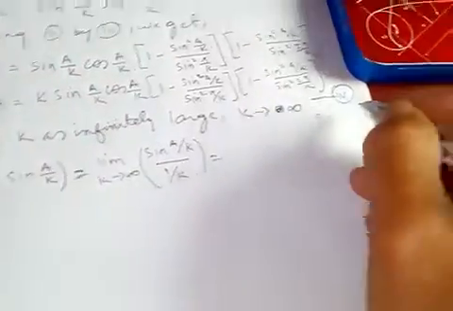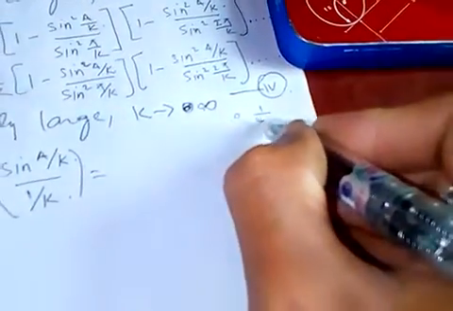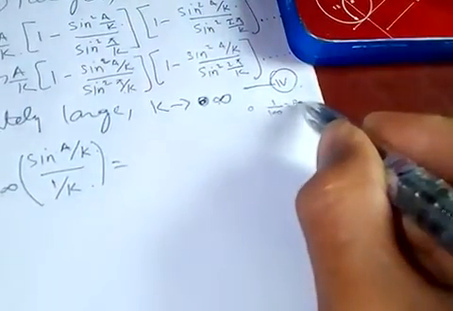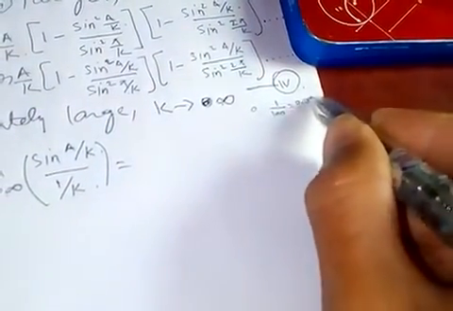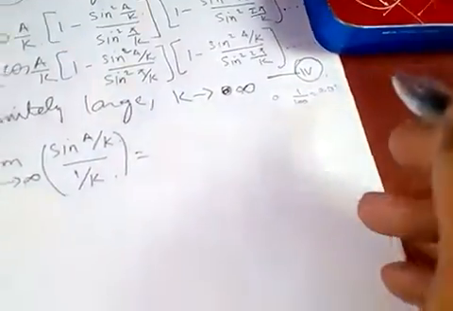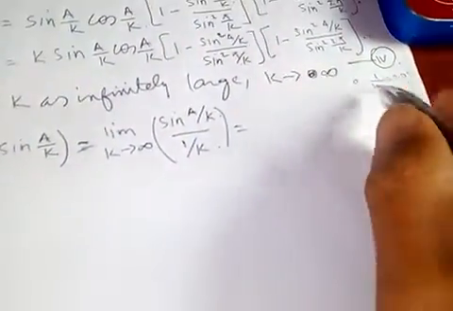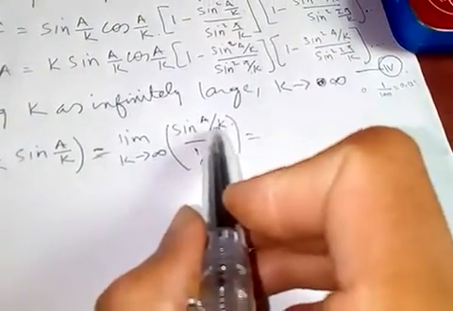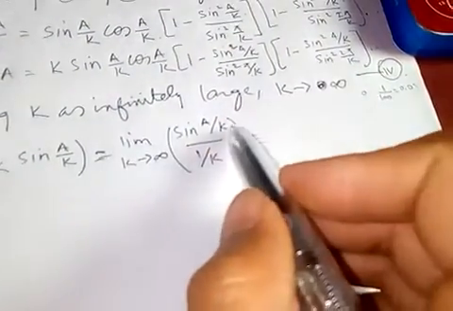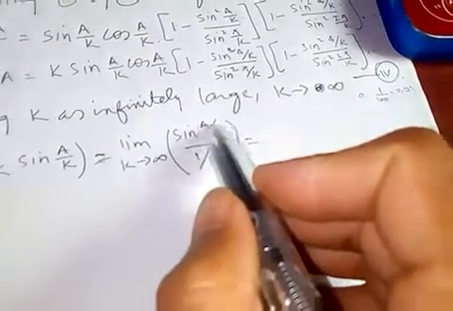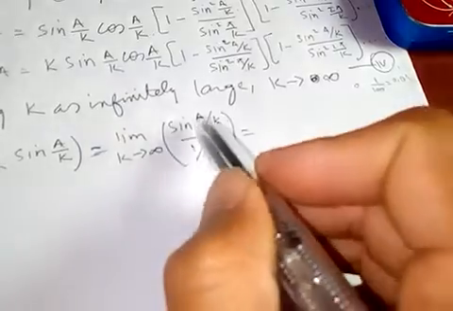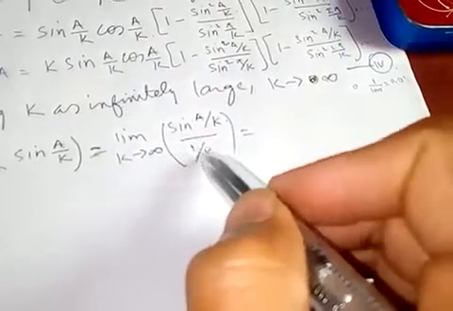For example, 1 divided by 100 is 0.01, something like that. So when the denominator k tends to infinity, this becomes 0, so sine 0 is 0 and this is also 0. So 0 by 0 form means we need to use L'Hospital rule.